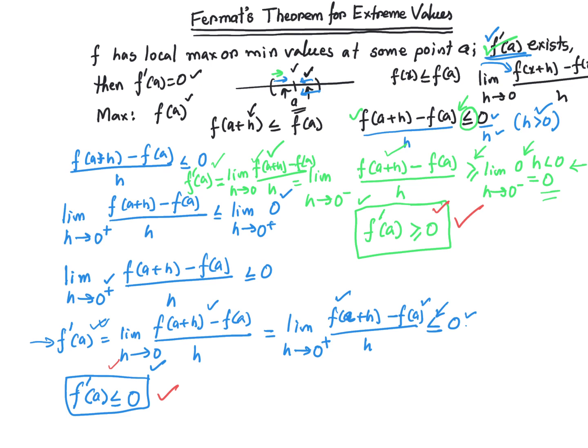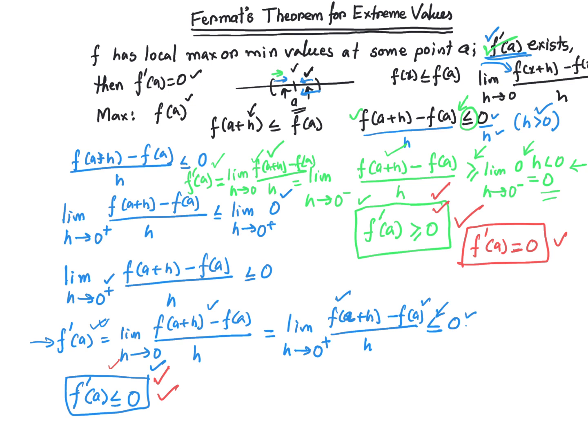For both of these statements to be true, it must be the case that f prime of A is equal to 0. Only then will both statements be true. Therefore, I just showed that the derivative of the function, if it exists at a local maximum, is 0.